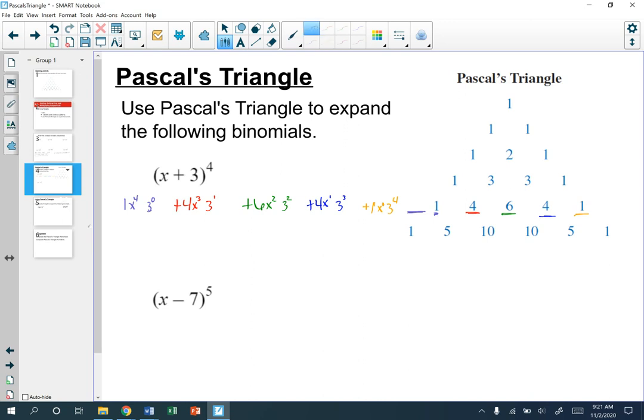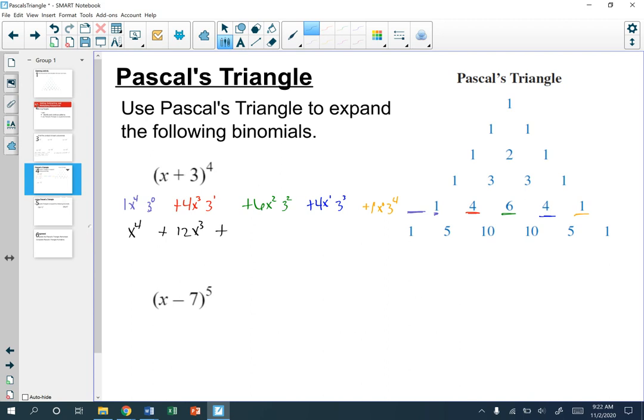Now I'm going to go ahead and clean all that up. Simply x to the fourth. And combine like terms. So here we have 3 and 4x cubed. So that's going to be 12x cubed. 3 squared is 9.